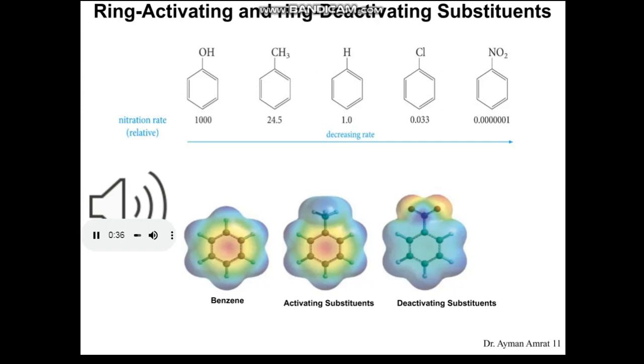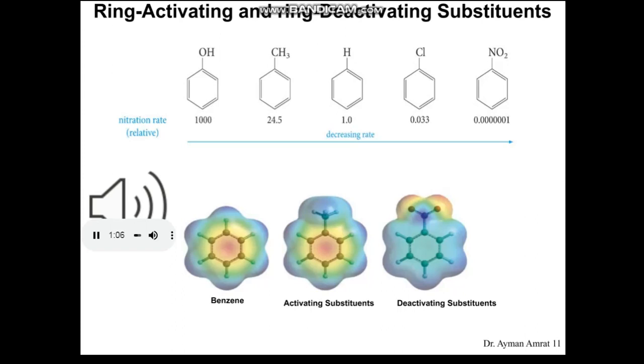For example, chlorobenzene is less reactive than benzene toward electrophilic substitution reaction, and nitrobenzene is far less reactive than benzene. Chloro and nitro groups are deactivating groups.